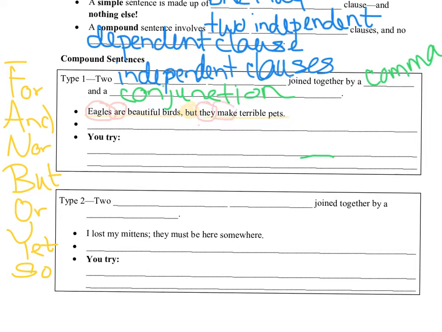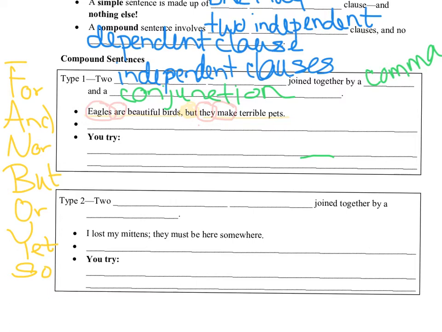Make. Do I have a complete thought? Terrible pets. I have one independent clause, two independent clauses, and now I have my conjunction. So yes, I have a compound sentence.